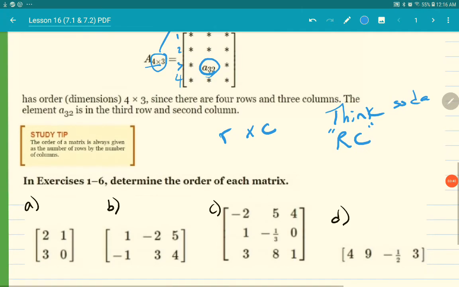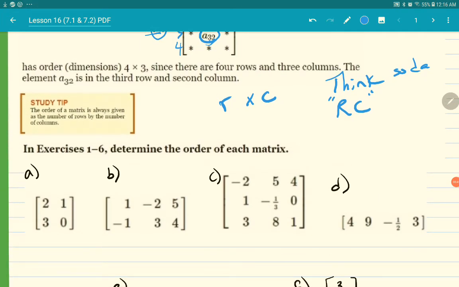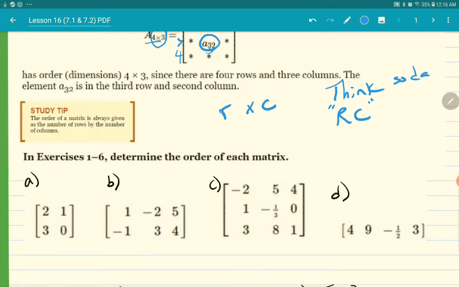Okay, so let's look at those 4 matrices I showed at the top when I was talking about what a matrix looks like, and think about the order of each of these. The order, remember, is R by C. So it's going to be something times something. This one has 2 rows and 2 columns, so it's 2 by 2. And remember, R first and C second.